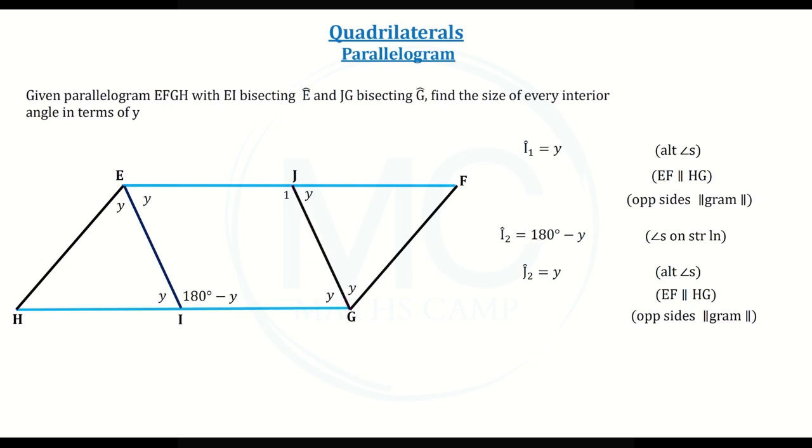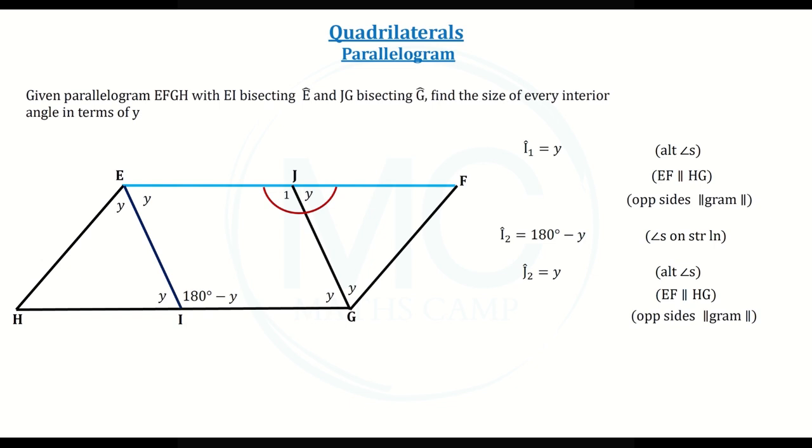EJF is a straight line, so let's focus on this line. Angle J also sits on a straight line, so the whole of angle J must be 180 degrees. So let's mark this angle in red. Angle J1 plus y will give us a sum of 180 degrees.